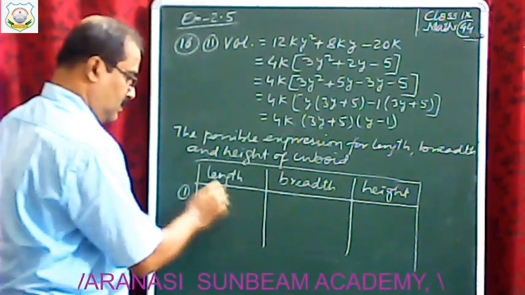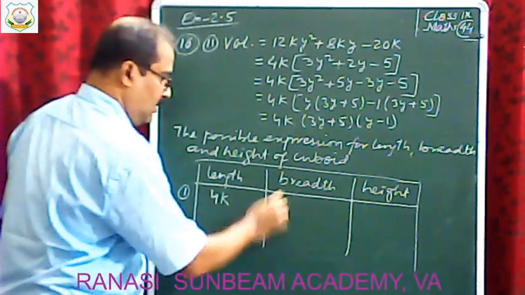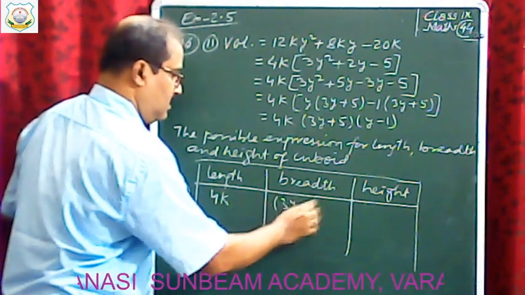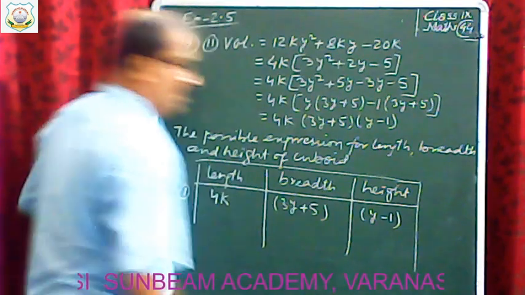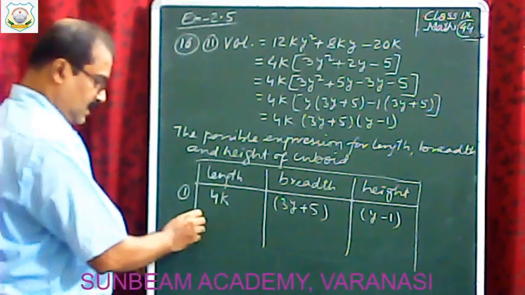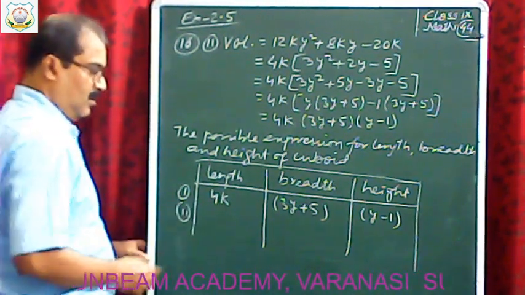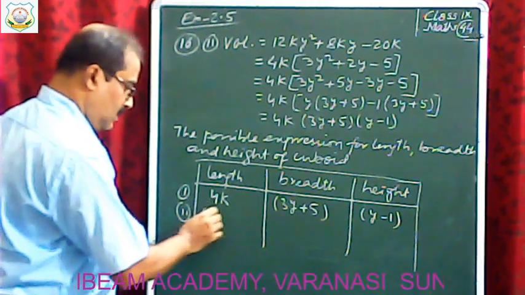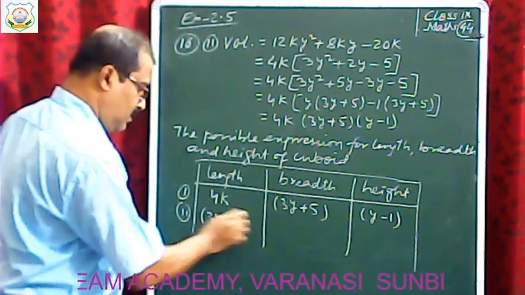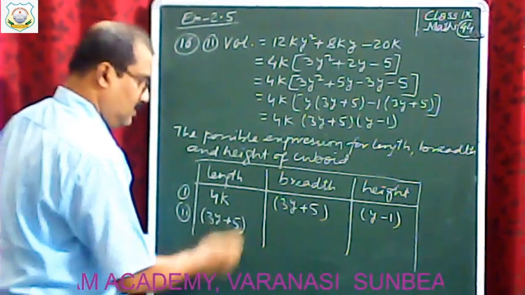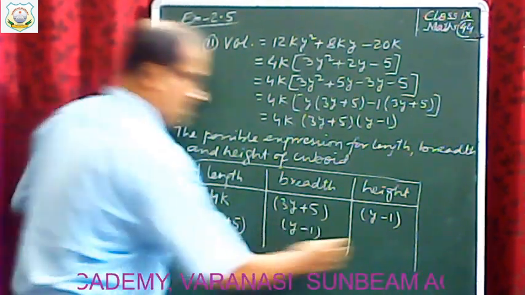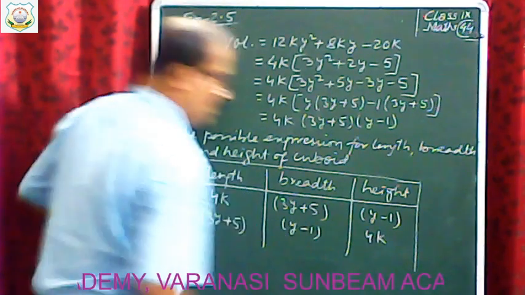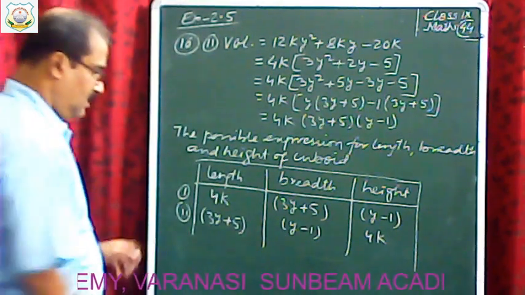If 4k is the length, then 3y plus 5 is the breadth and y minus 1 is the height. Second choice: 3y plus 5 may be the length, then y minus 1 the breadth, and 4k the height.